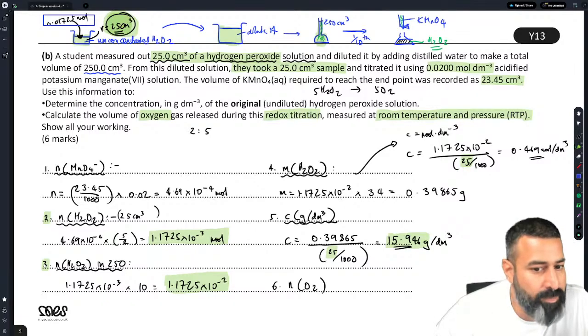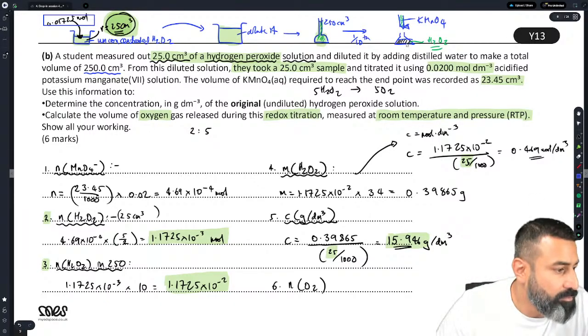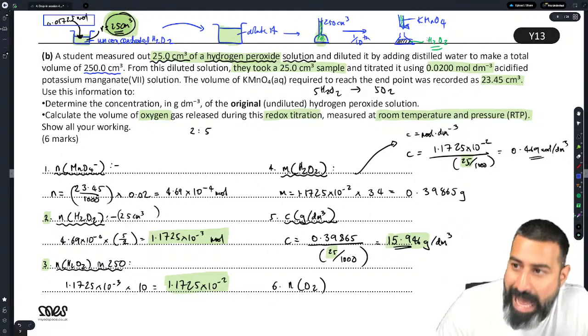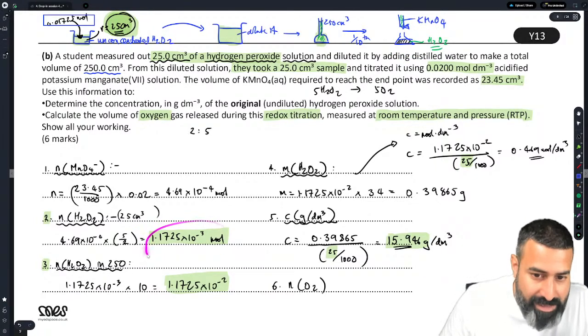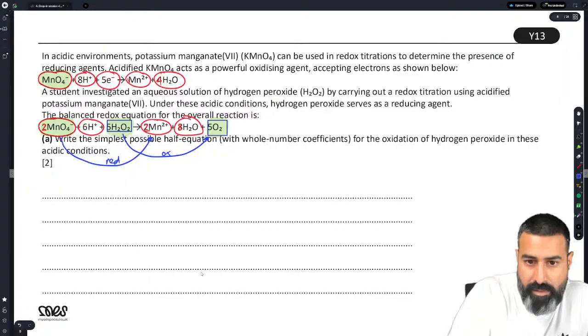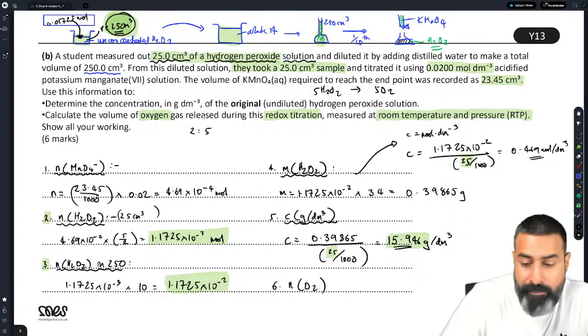We're not going to use words like limiting here, but where does the reaction occur? Absolutely, it's the 25 because the reaction occurred in the 25, okay? Yeah, absolutely. So we're using this number of moles. Or if you wanted to be safe, you could use the manganate number of moles. So you could have used the manganate number of moles and then worked out the oxygen number of moles, and that would have been a safer way to do it, okay?